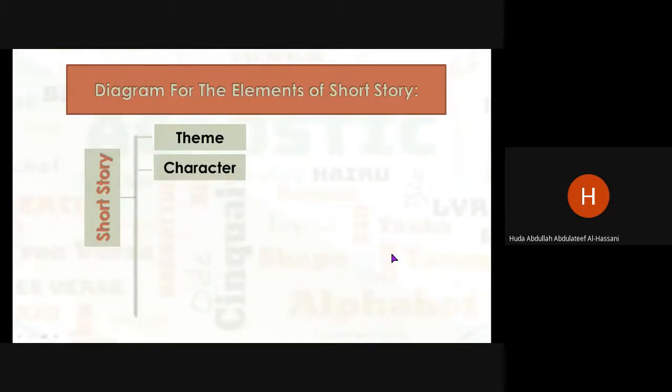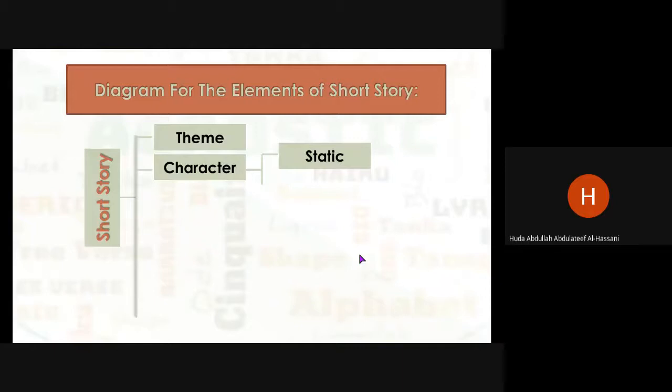Character, we should have characters in any literary work. However, character can be divided into two types. Static character. What do I mean by static character? Static character should be a character who cannot be changed through the course of the story.